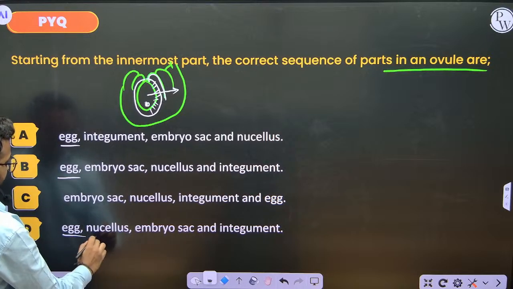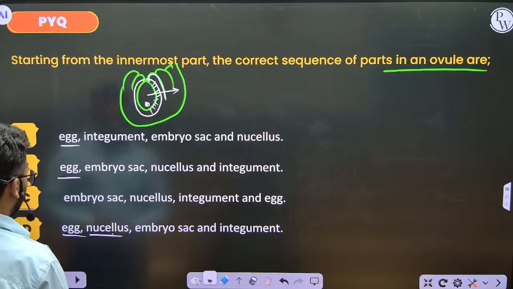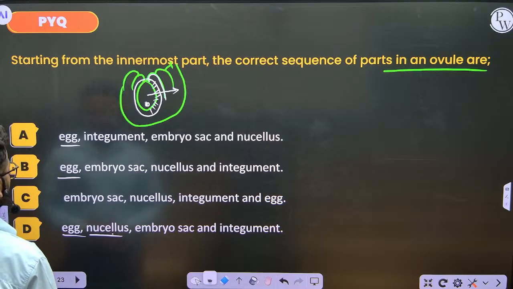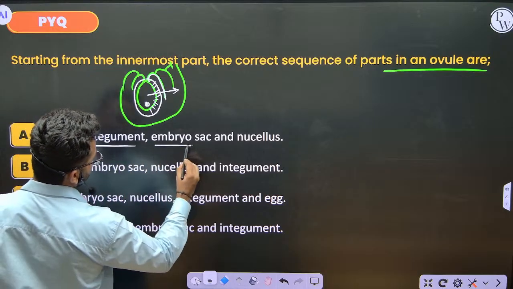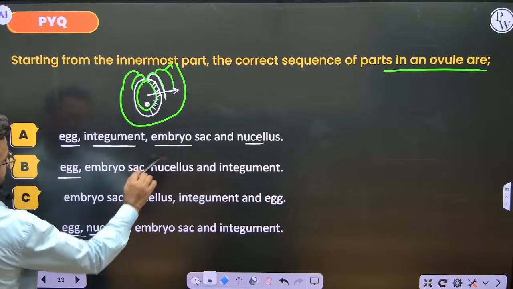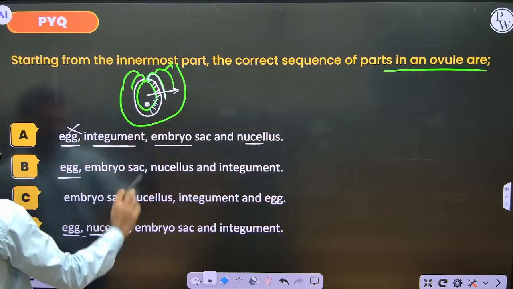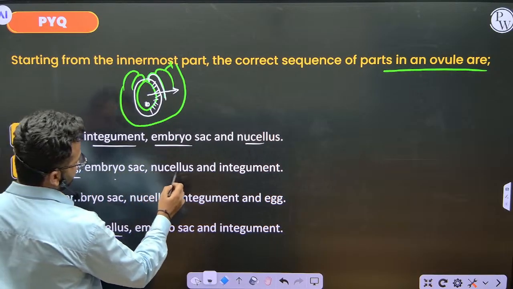So egg, after that nucellus, next to nucellus the integument. Wait, embryo sac, integument and egg. It's not the case that nucellus is placed first and last there. It's not. Egg, embryo sac, nucellus and integument.